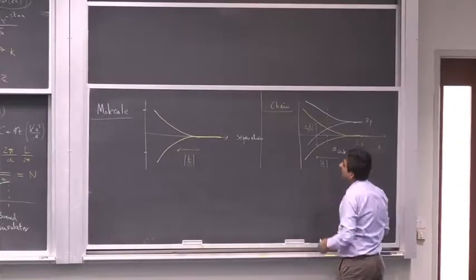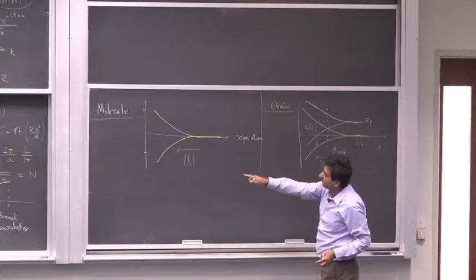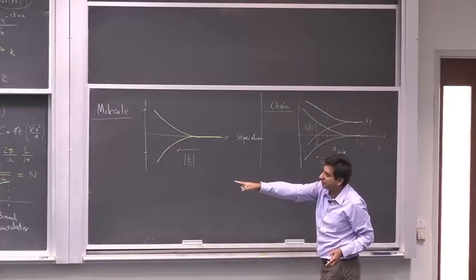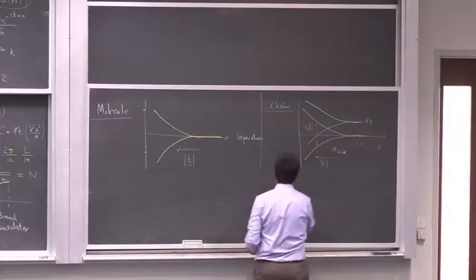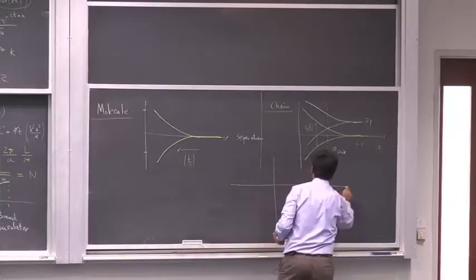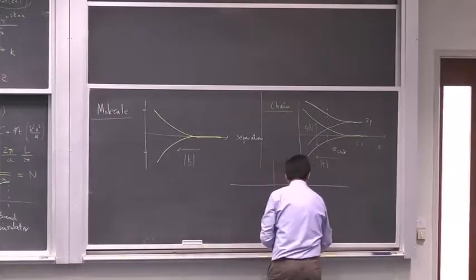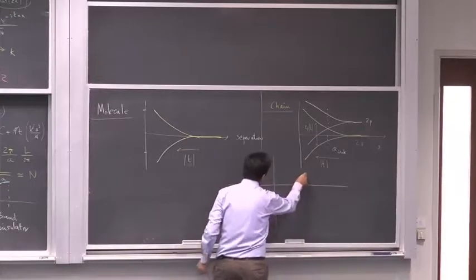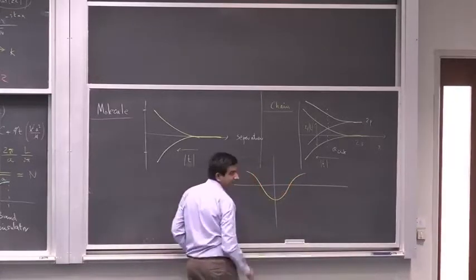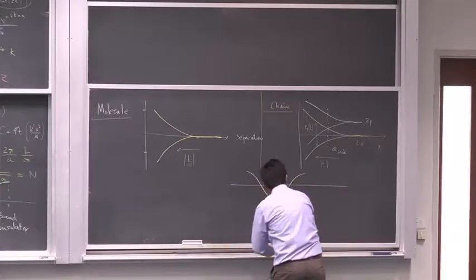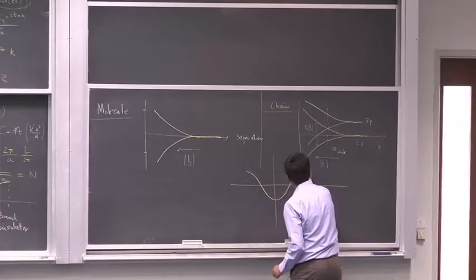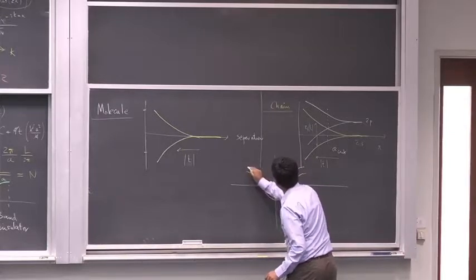So if I were to draw a graph corresponding to the dispersion relationship that I've drawn over there, for A less than A critical, this is what I would like to draw. The 2s band looks like this, and the 2p band looks like this.